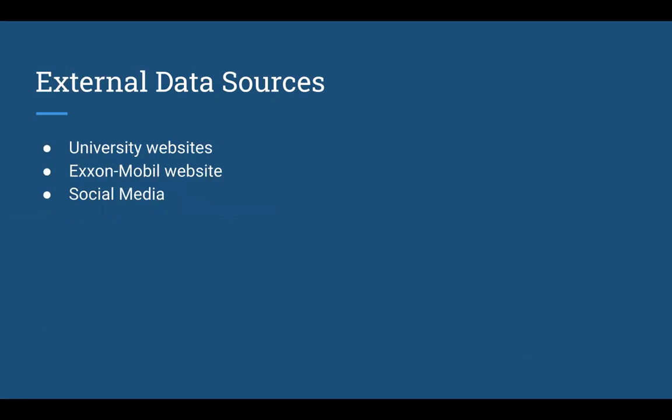For external data resources, we chose university websites, ExxonMobil's own website, and social media sources. We could use these internal and external sources for data when we're doing our final projects.